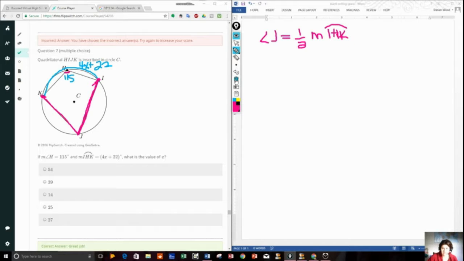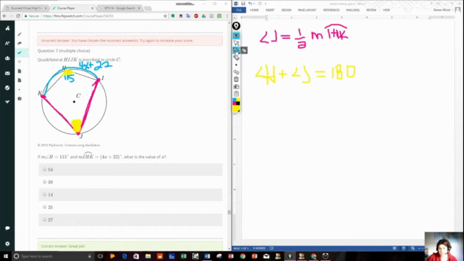We also know that opposite angles in a quadrilateral, angle H and angle J, are going to be supplementary. So angle H plus angle J is going to equal 180 degrees. We need to find the measure of angle J.